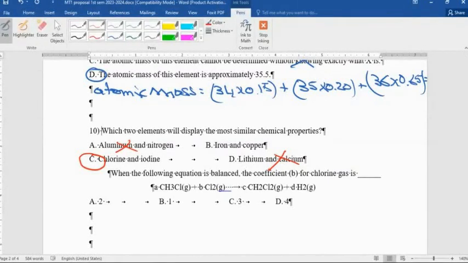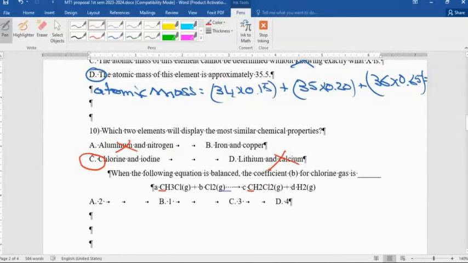Now I will suppose that I am a student. I will check how many carbon I have here: 1. How many carbon I have here: 1. Next, here I have hydrogen, but hydrogen here is in 2 compounds, so it will be difficult. I will check with the chlorine.